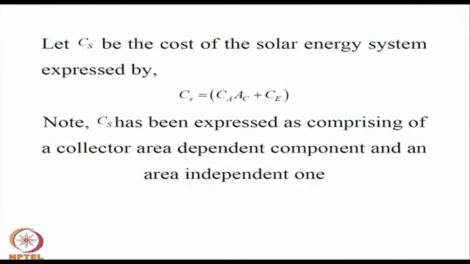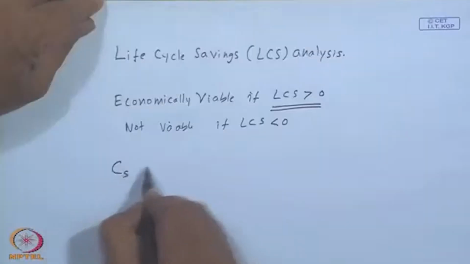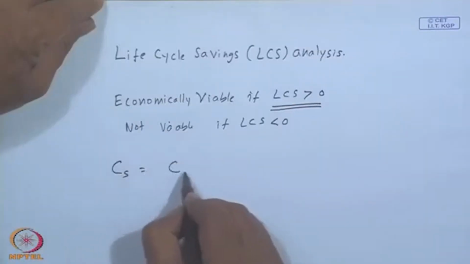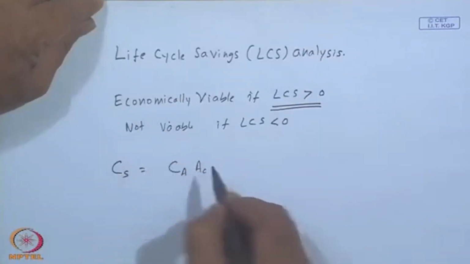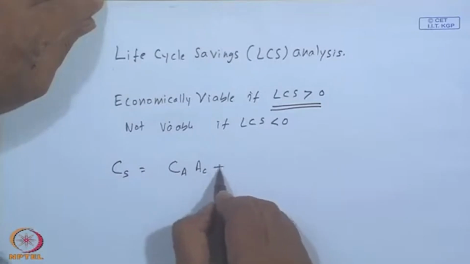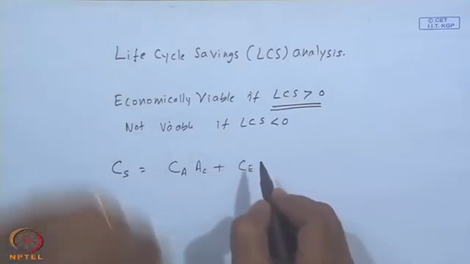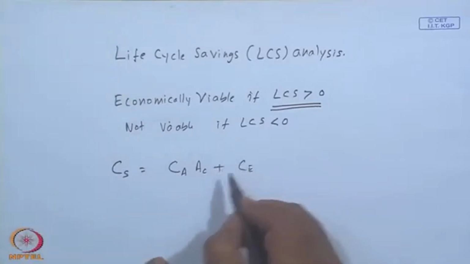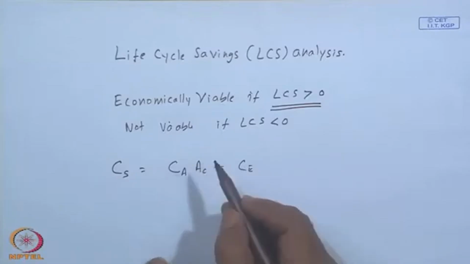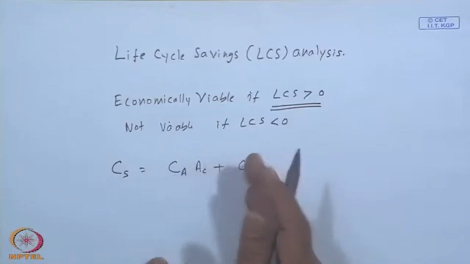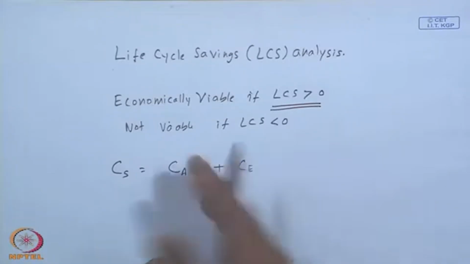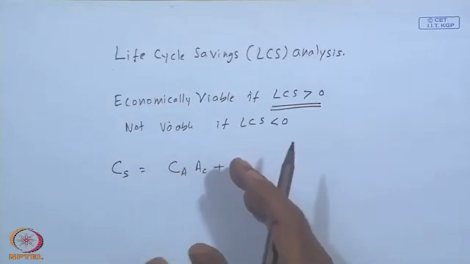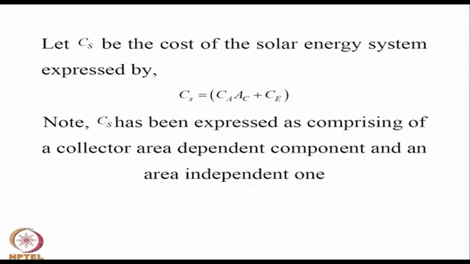So, now we split the total cost of the system CS as comprising an area-dependent cost CA times AC plus an area-independent cost. In other words, if collector area is taken into account, if 100 square meters are there, it should be 100 multiplied by something, and if it is 200, it will be 200 multiplied by something.